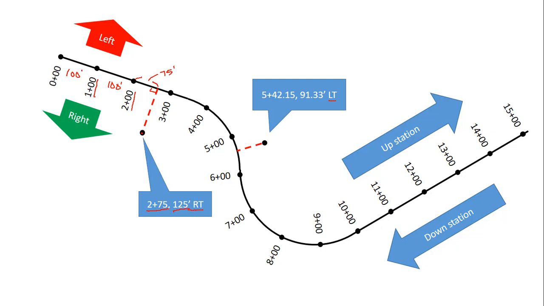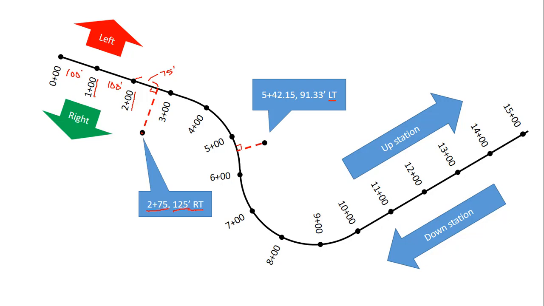As we come around the curve, and we'll talk a little more about how to handle curves, as you can see, the stationing follows the curve around. As we get to this point, this is perpendicular, and we'll take a look at this more in depth on the next slide.